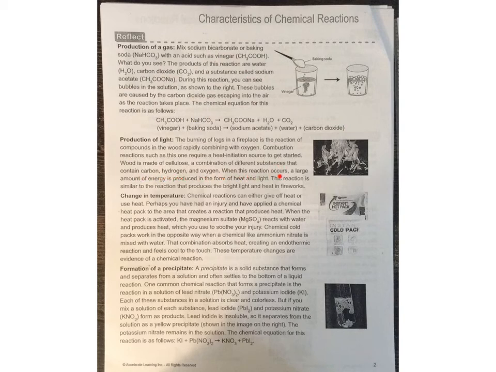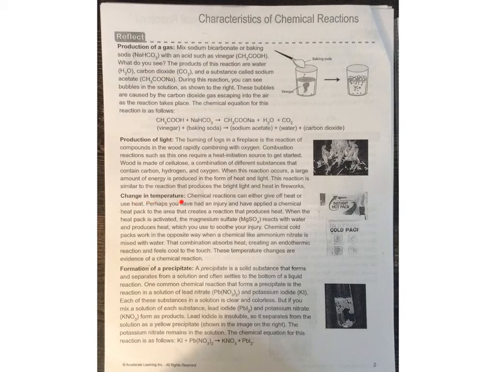When this reaction occurs, a large amount of energy is produced in the form of heat and light. This reaction is similar to the reaction that produces the bright light and heat in fireworks. And remember that this is an exothermic reaction because heat is being released in this case, and it feels hot.